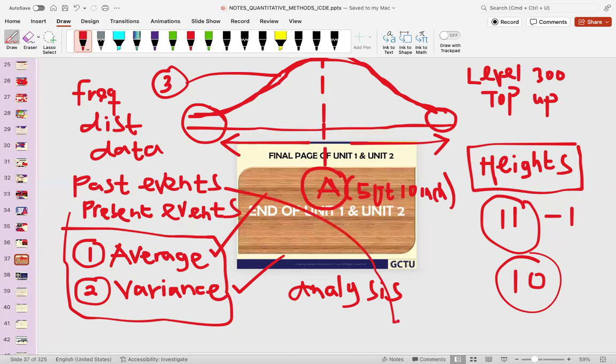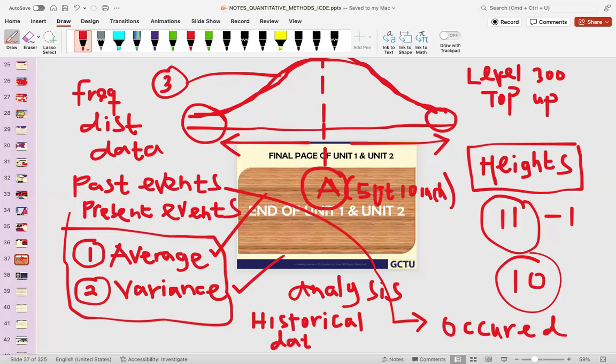Because they have already occurred, or it has happened already. So you have the records. In statistics, we call it historical data. It has happened already. So you have your data and you can then go ahead and find the average, find the variance, and find the shape of the data.